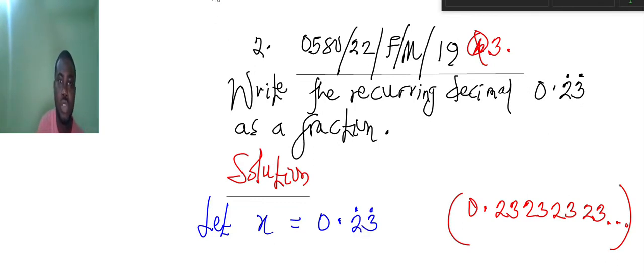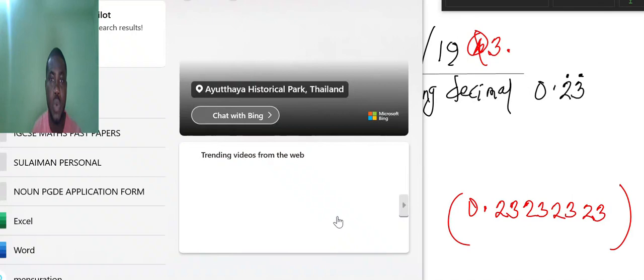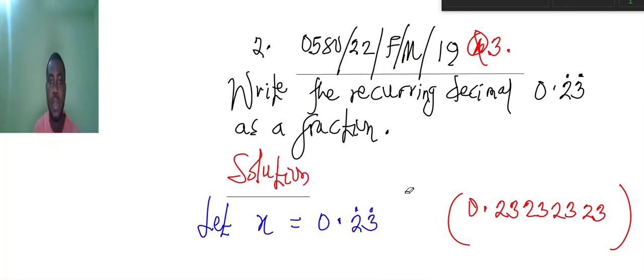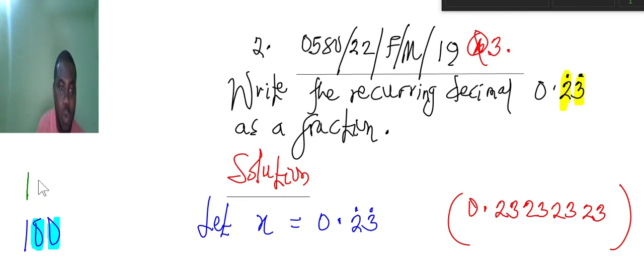This is just used to show that it continues. If you like, you might not show this so you won't get confused. Now, how many recurring digits do we have? We have 2 recurring digits. When we have 2 recurring digits, we multiply by 100, so that's why we have 2 zeros here. If you have 5 recurring digits, we'll multiply by 1 and 5 zeros. That's the idea.